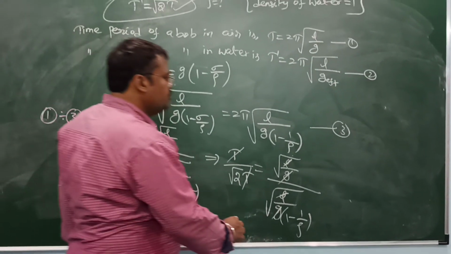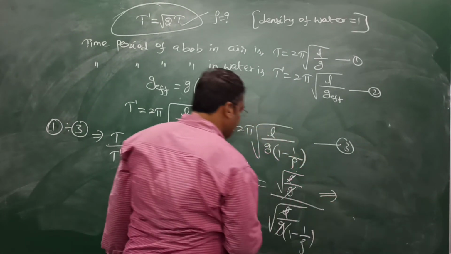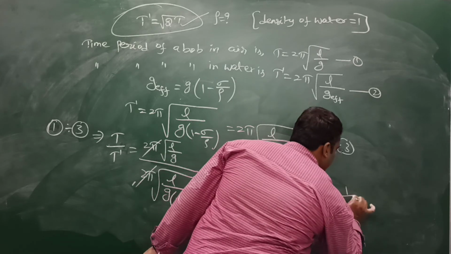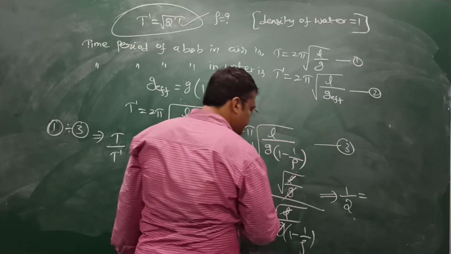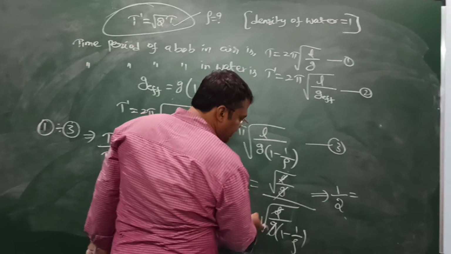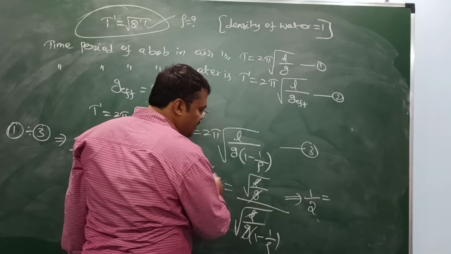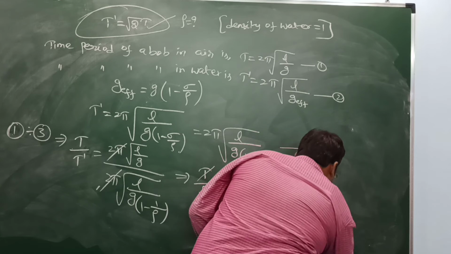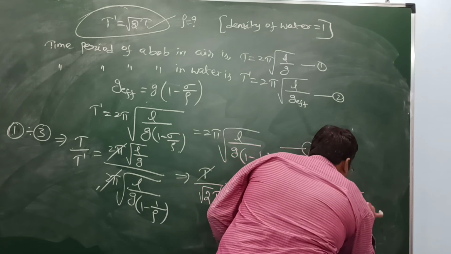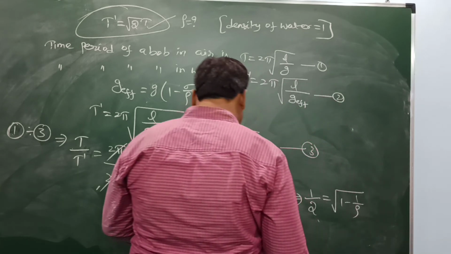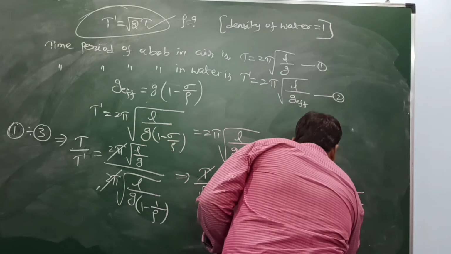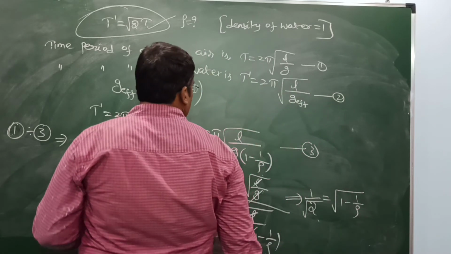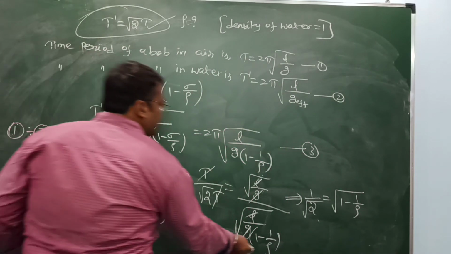So let us try to square on both sides. What will you get? So 1 by 2 is equal to 1 divided by 1 minus 1 divided by rho. Then finally we will get square root of 1 minus 1 divided by rho. This is 1 by root 2 is equal to square root of 1 minus 1 divided by rho.